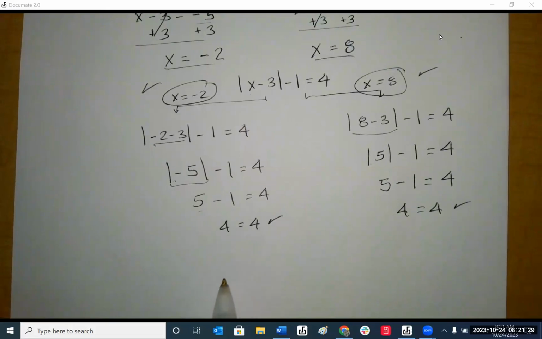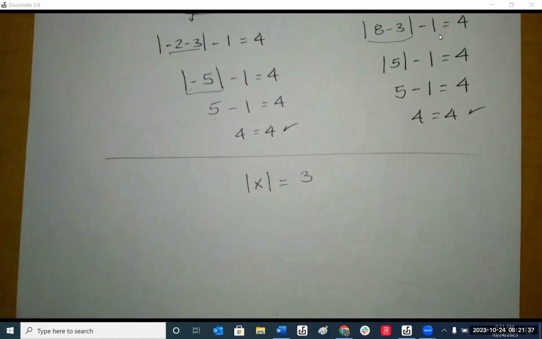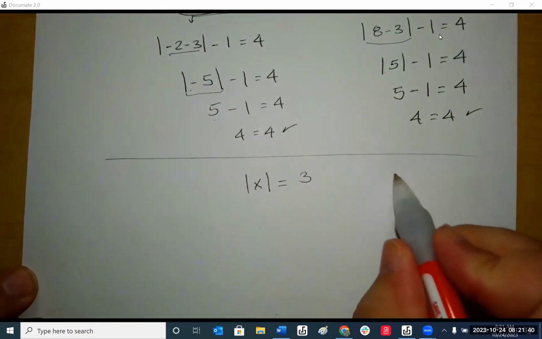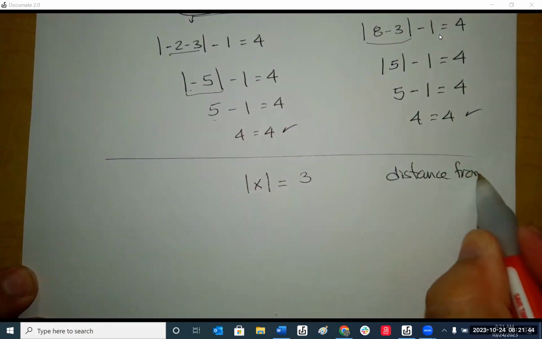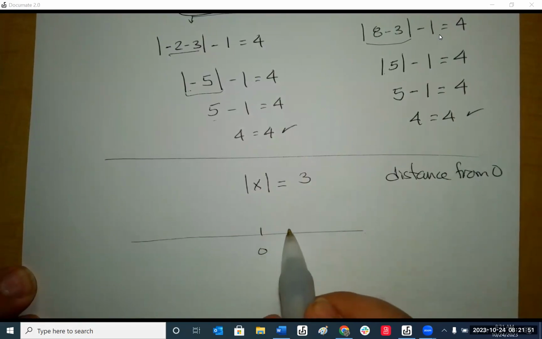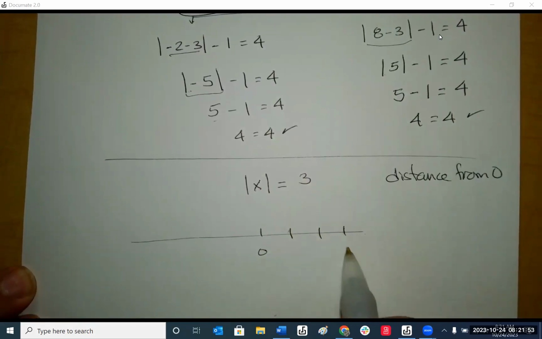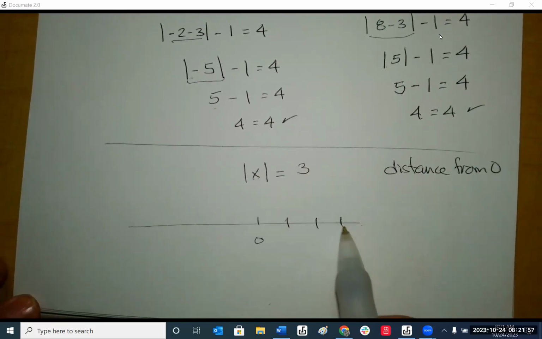Now again, when I say that absolute value of x is equal to 3, again, it's a distance from 0. There is 0. Three is that far away.